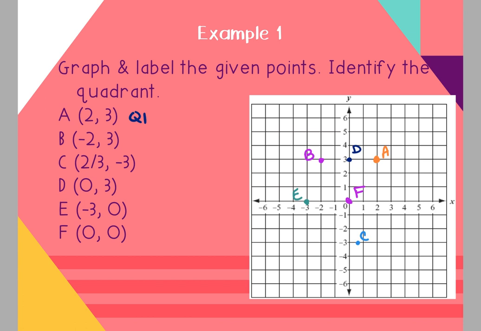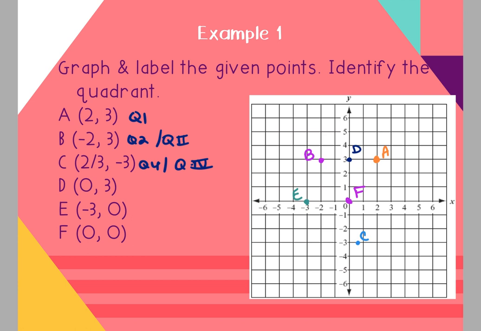B, (-2, 3), back 2, up 3, and that puts it in? Quadrant 2, so Q2 or Roman numeral 2. C, (2/3, -3), right 2/3, down 3, puts it in? Quadrant 4, which is IV, okay, in Roman numerals. (0, 3), what quadrant is that in?